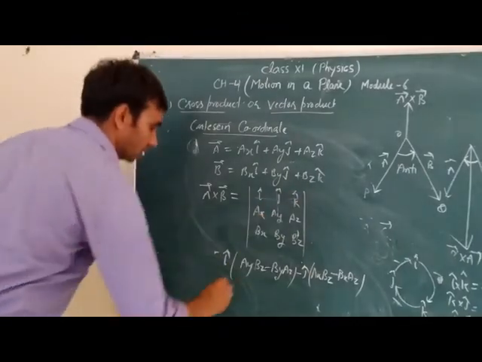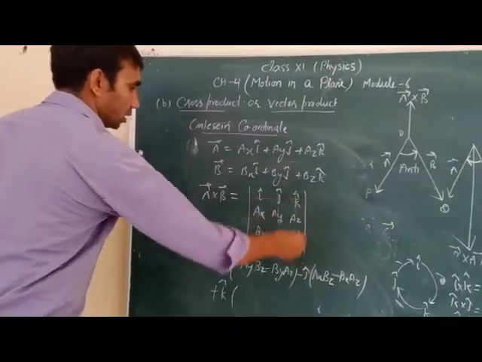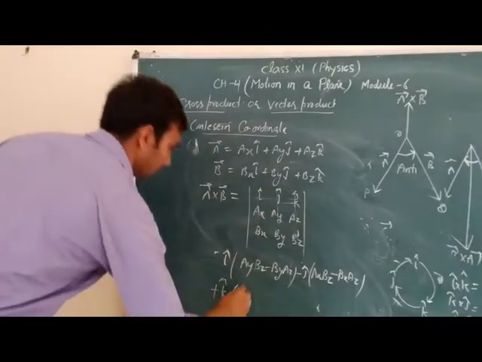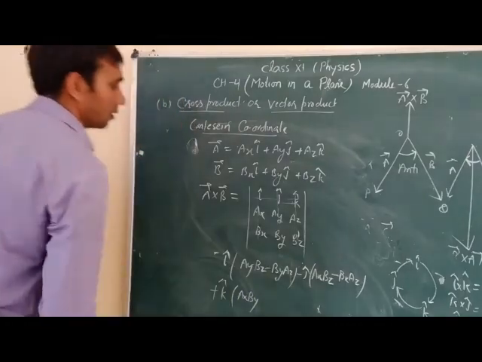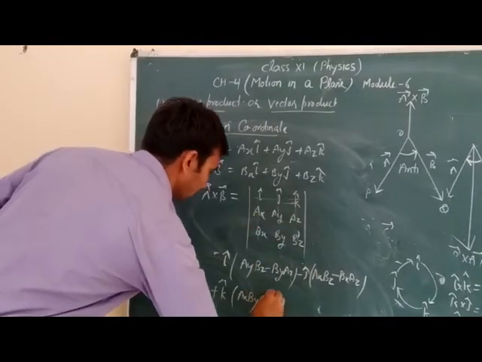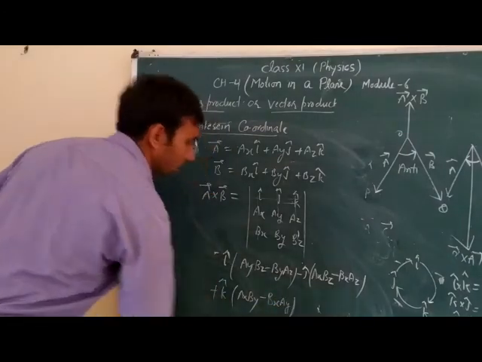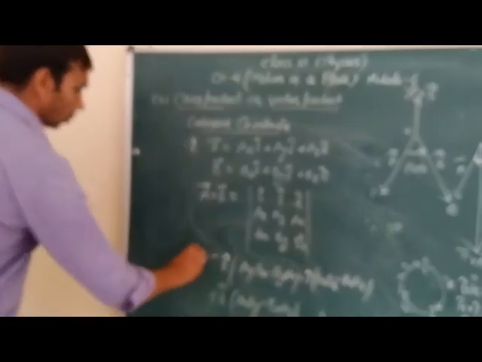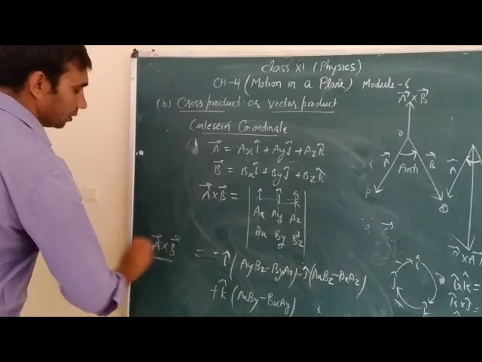Plus k unit vector: cancel this column and row: ax by minus bx ay. This is the cross product of vector A cross vector B.